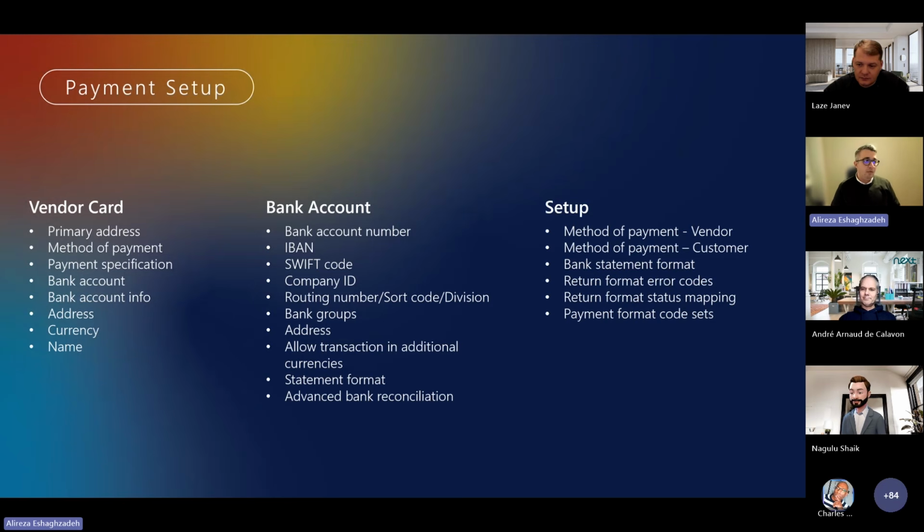So basically, when it comes to the payment setup in Finance and Operations, if we take the remittance process into consideration, from the vendor card we need to have a primary address. Why? Because we want to classify whether it is domestic or foreign, as it will compare it with the legal entity address.